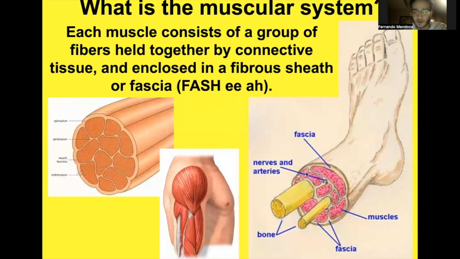And so we have here different images that represent these fibers. In this one, we can see these fibers of a color more red than the other one. The other thing is the connective tissue. And if we see it on the other image, these fibers can be seen more easily because they are like lines on the muscle.